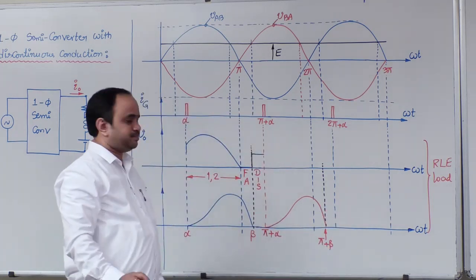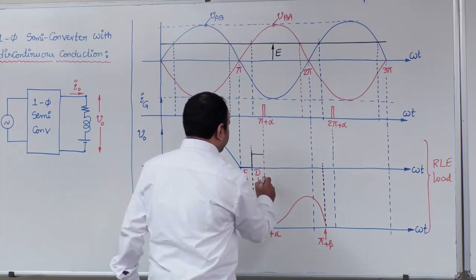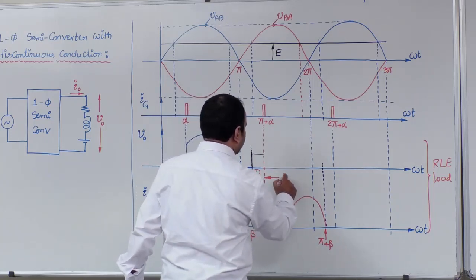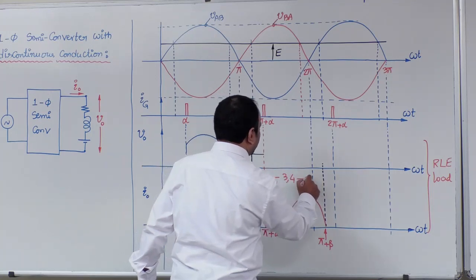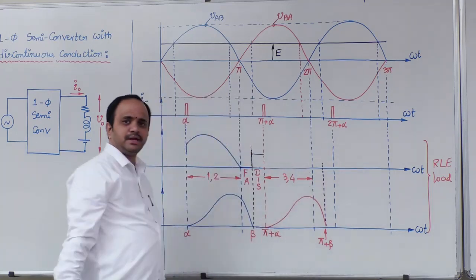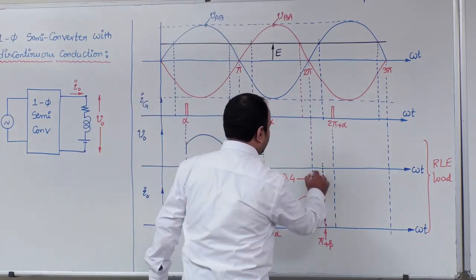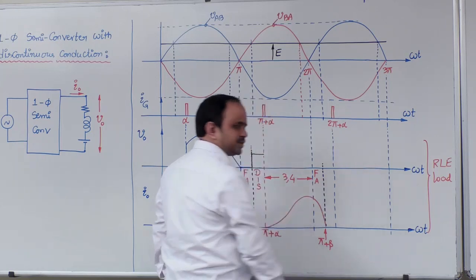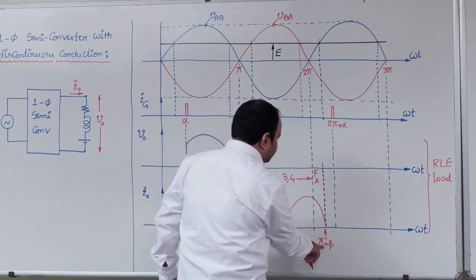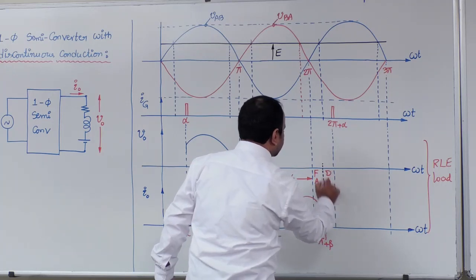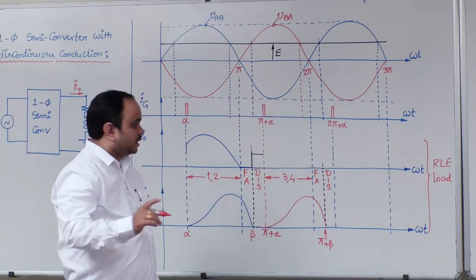Now in pi plus alpha to 2 pi, the third and fourth position devices are in conduction. 2 pi to pi plus beta, it is freewheeling action. Pi plus beta to 2 pi plus alpha, it is discontinuous conduction.